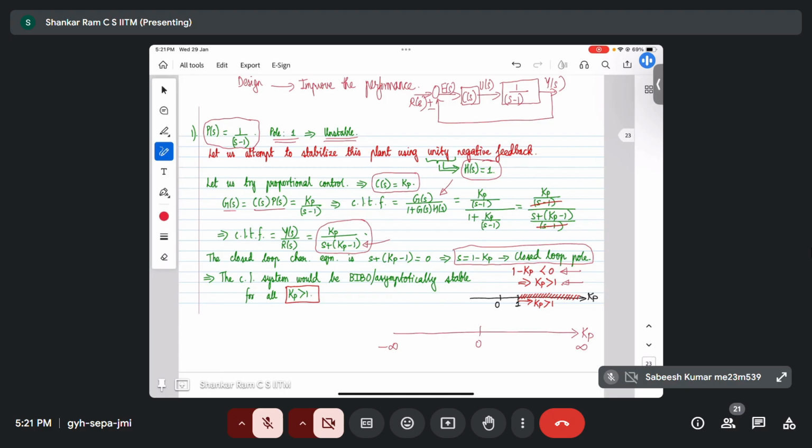By using stability analysis, we have determined that to make the closed loop system stable, we need Kp to be greater than 1. If we choose Kp to be less than 1, the closed loop system is going to be unstable. So this is a powerful design tool.